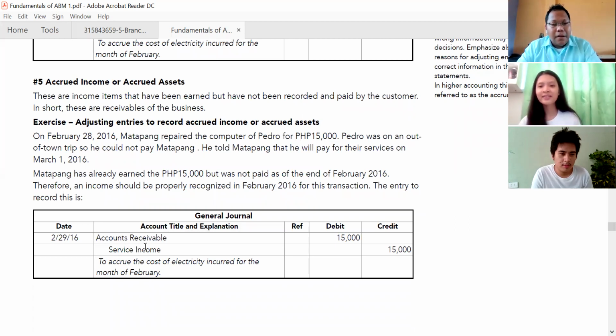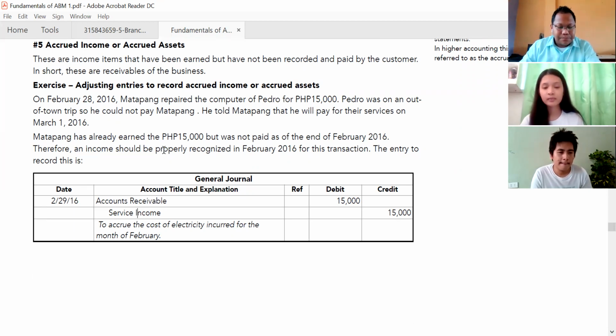By receiving cash on March 12, you will then reduce the amounts of receivables. Because cash has now been received by the company. And that was in recognition of the transaction that happened on Feb 28. That's accrued income or accrued assets.